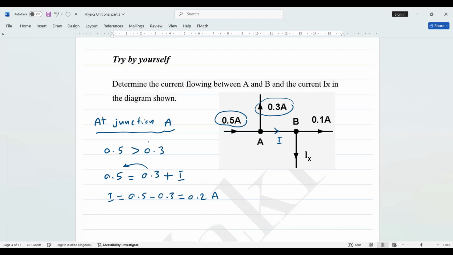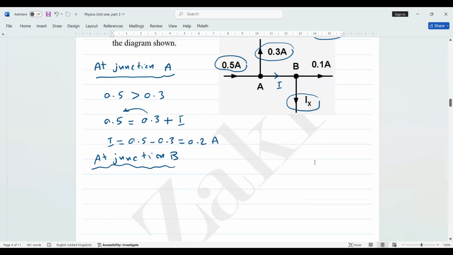Then the current between A and B is 0.2 ampere, and it is from A to B. The second part, he said calculate Ix. Now, at junction B, complete the solution to find Ix.